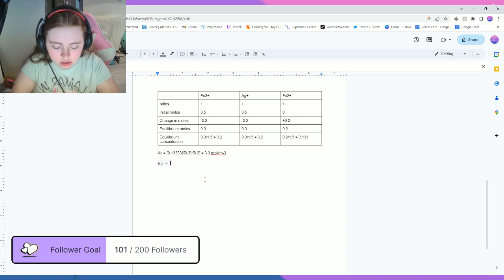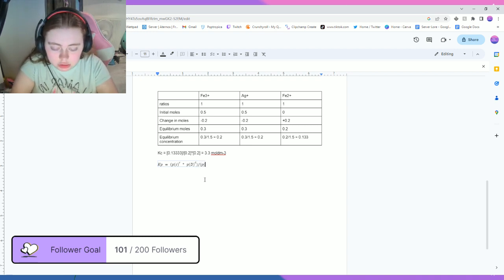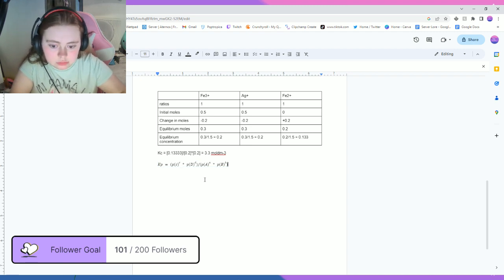So Kp equals the partial pressure of C to the power of c times the partial pressure of D. So we need the partial pressure of the products on the top, and then the partial pressure of the reactants on the bottom.